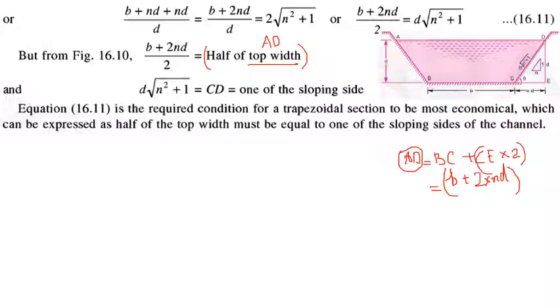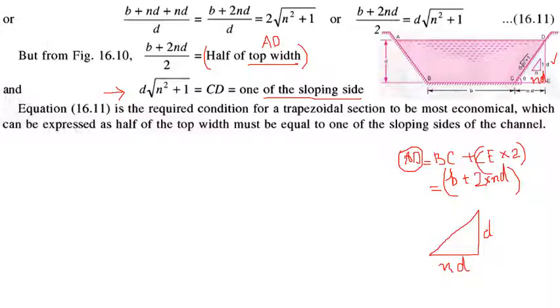Also, d into square root of n square plus 1 is equal to CD, which is one of the sloping sides. Here I will show in the figure. d is the vertical depth, so the horizontal distance is n into d.